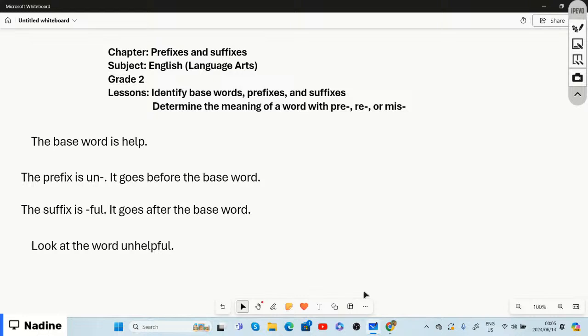And our lessons are to identify base words, prefixes, and suffixes, and to determine the meaning of a word with pre, re, or with mis.